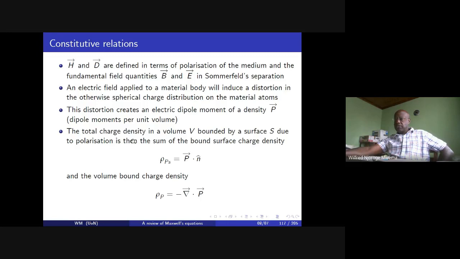So the total charge density in a volume V that is bounded by a surface S due to the polarization will therefore be the sum of the bound surface charge density, that is, at the surface of the material there will be some residual polarization of charges, given as the normal component of the polarization P, and the volume bound charges within the material, which will be given by rho P equal to minus the divergence of P. Remember, we are saying they are bound, they are not moving in the material.